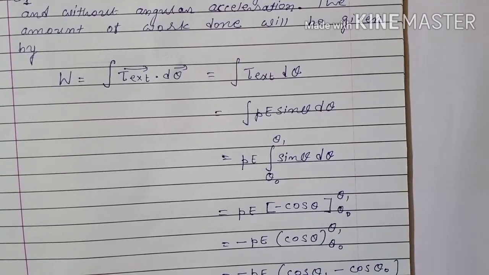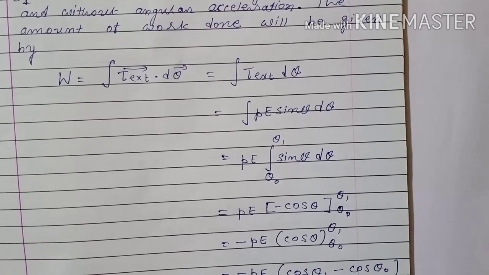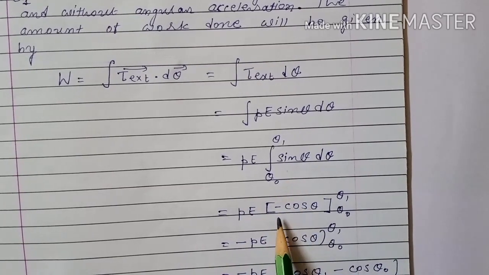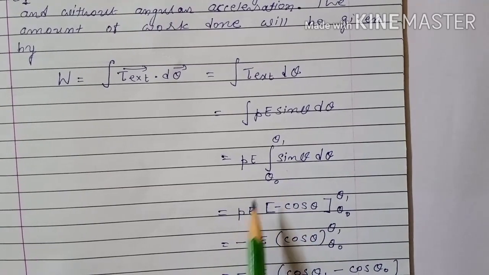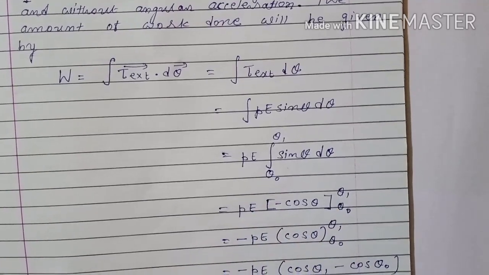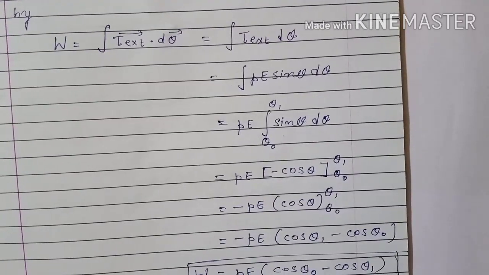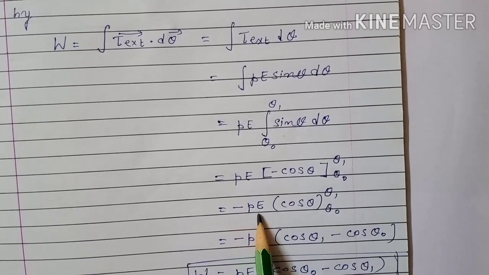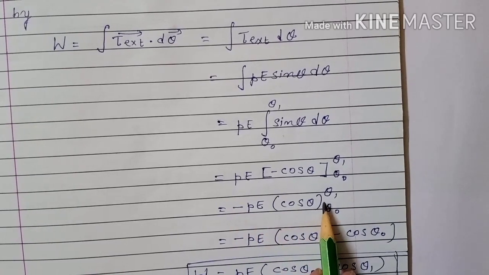The integration of sin theta is minus cos theta. So Pe as it is, the integration of sin theta is minus cos theta, and the limit is from theta naught to theta 1. If we take this negative sign outside, it can be written as minus Pe cos theta, with limits from theta naught to theta 1.